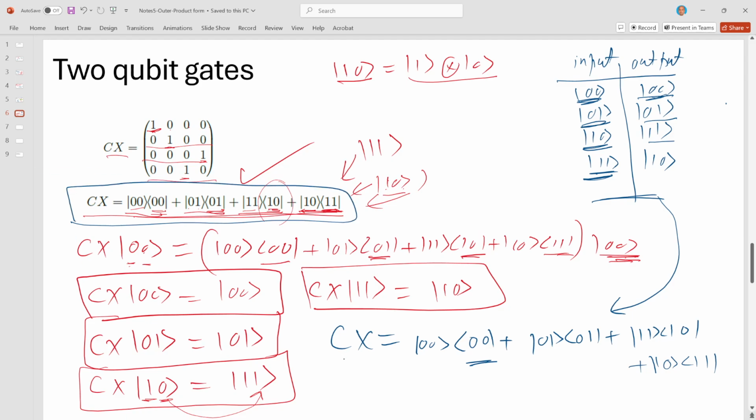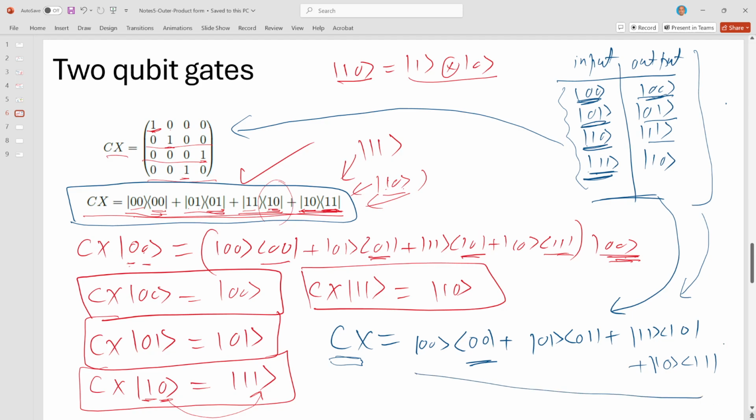So the outer product form has another advantage: if we are given a truth table, finding its matrix is actually hard, but finding its outer product form is very trivial. Because all of these states are orthogonal with each other, we can exploit this: whenever there is a combined state and we take the inner product from the right, if they're orthogonal, the inner product will be non-zero only with one of them.